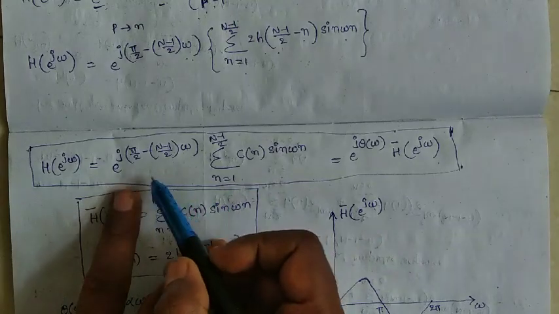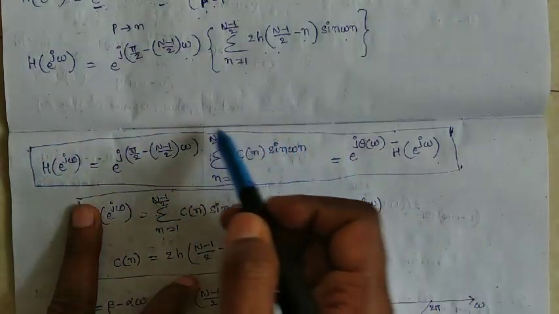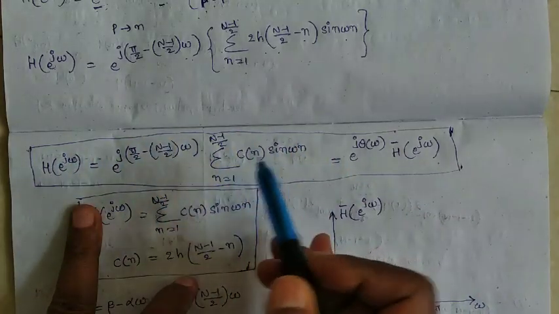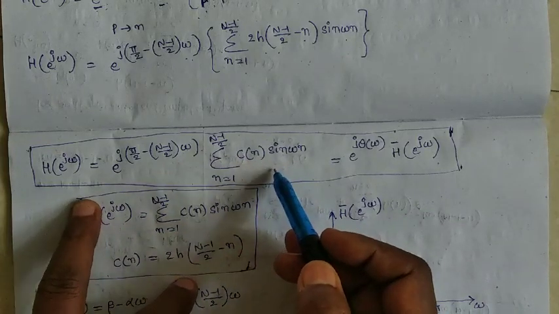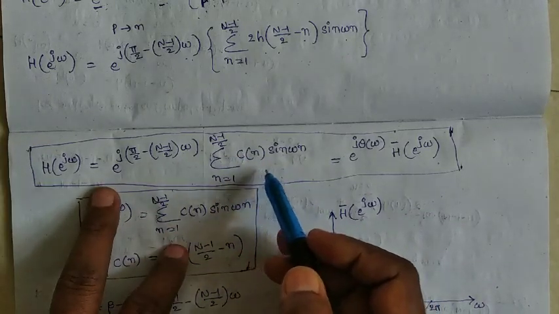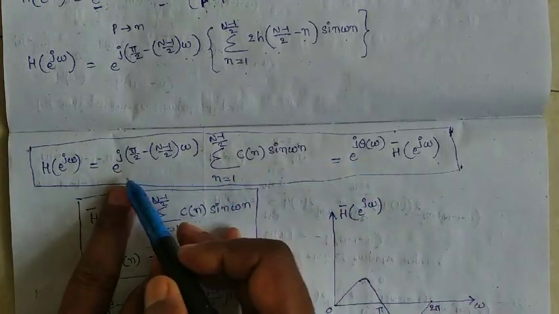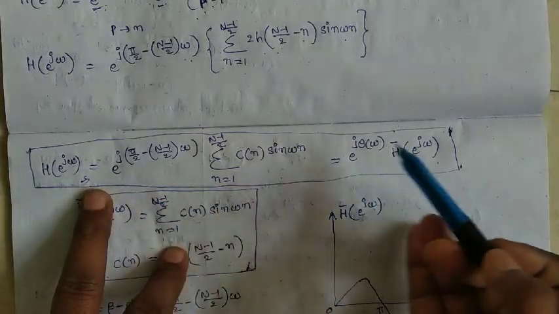Here actually this is the frequency response of FIR filters with anti-symmetrical impulse response, capital N odd. Here we are expressing this H of e power j omega in terms of magnitude and phase form.